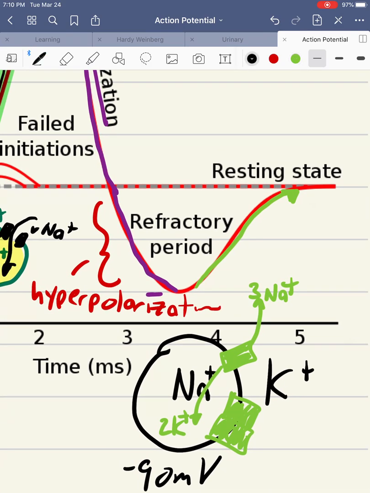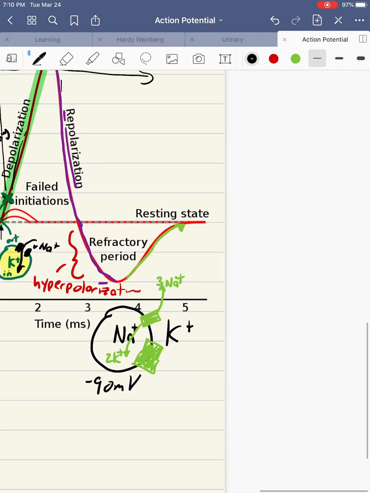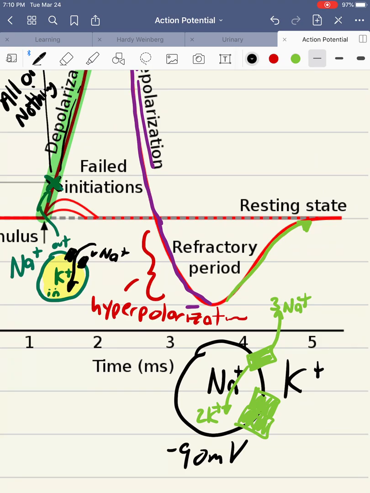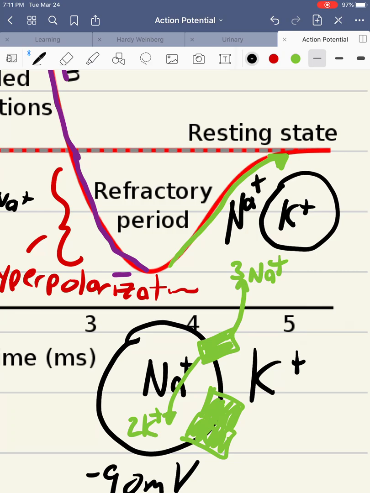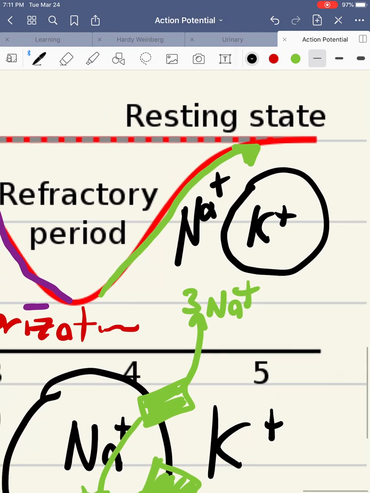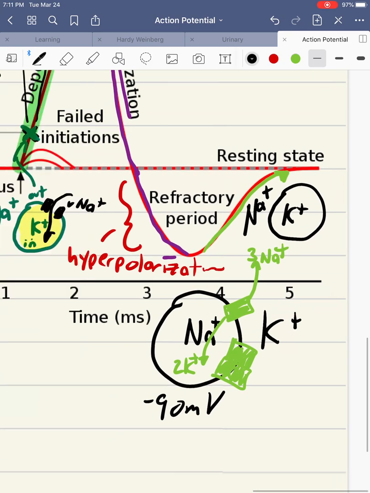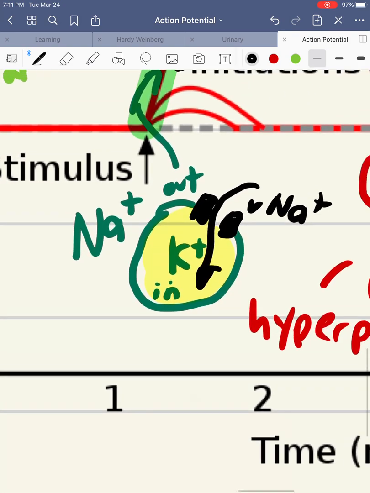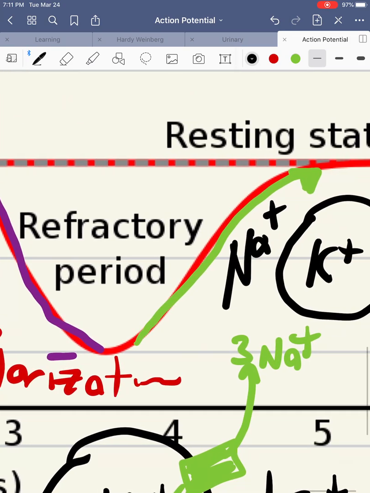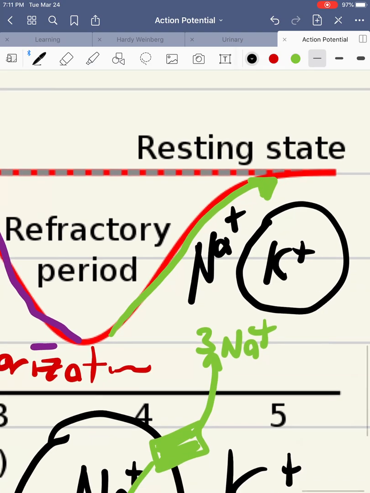And eventually, the cell's resting membrane potential gets restored. And also, there's a lot of potassium back in the cell, and there's a lot of sodium on the outside of the cell. So we're back at resting membrane potential, aka resting state. And that looks just like this part over here. And now the cell can undergo another action potential in that region.